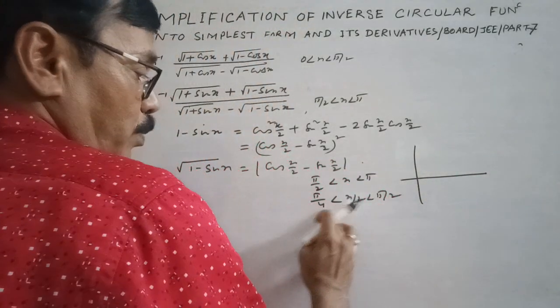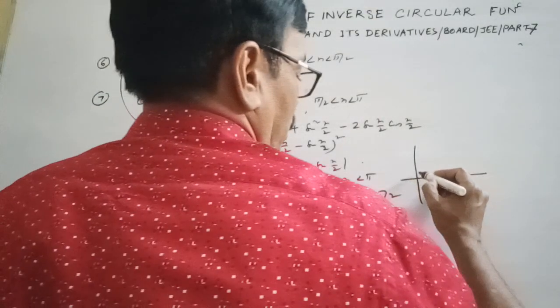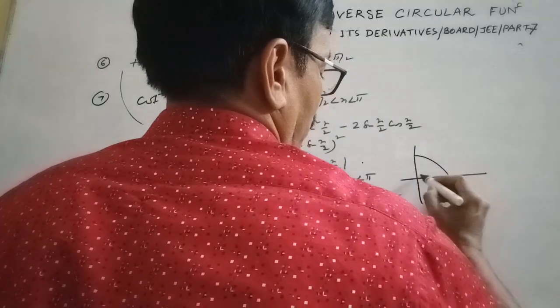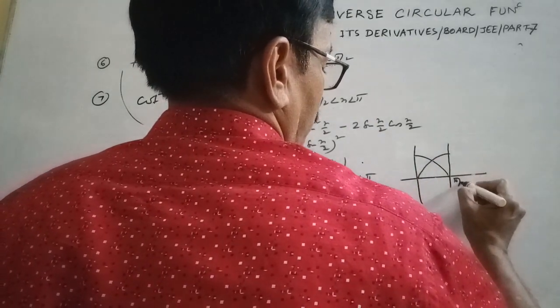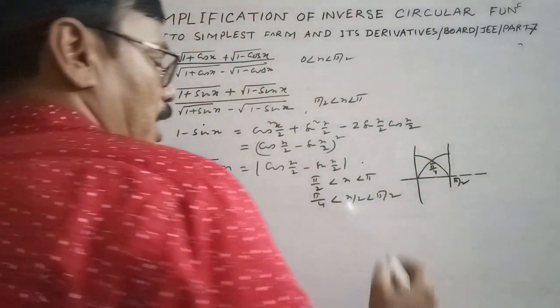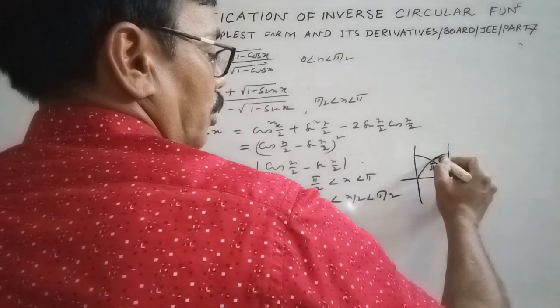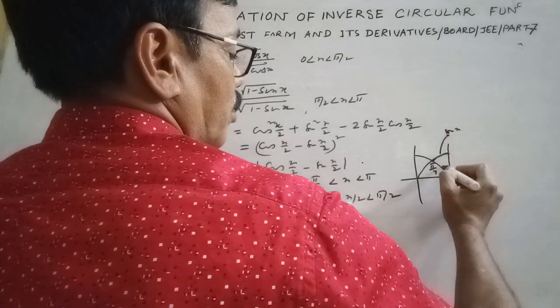So in pi/4 to pi/2, as opposed to 0 to pi/4, look at the graph. Pi/2 is here, and pi/4 is the intersection. I have already discussed this. This one is the sine curve and this one is the cos curve.